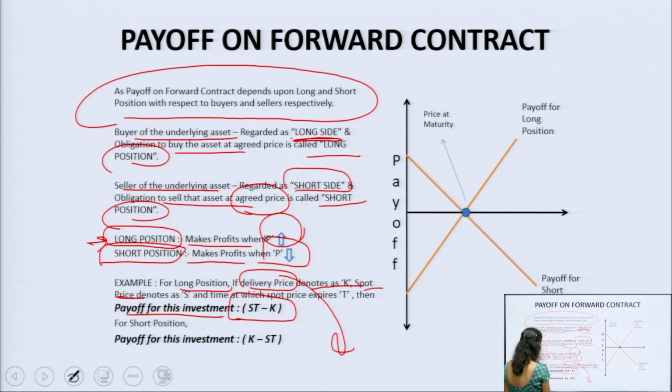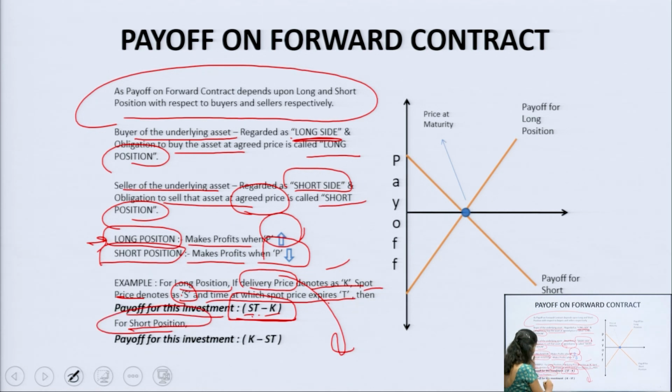Spot price is denoted by S. This is the spot price, the current price at that particular trading platform when you are thinking of entering into that market, and time T is the time at which the spot price is taken at expiry. So the payoff formula for the long position is S_T, the spot price at expiration, minus K, the delivery price.